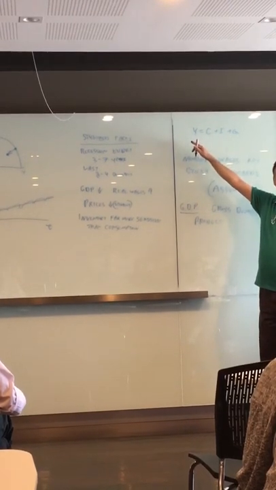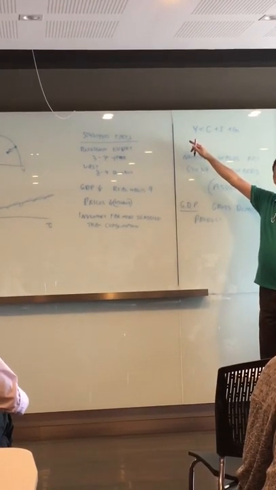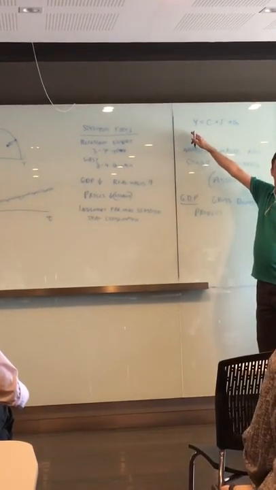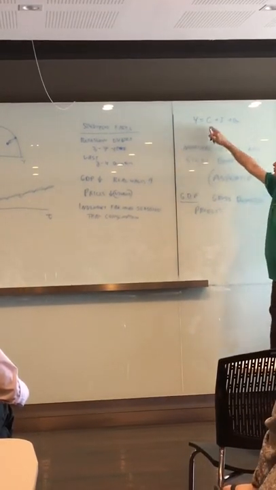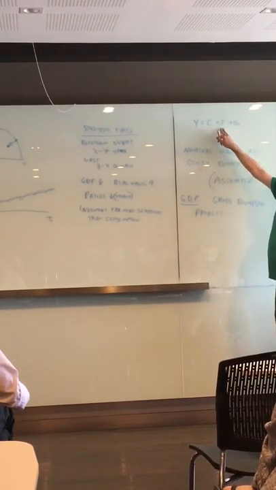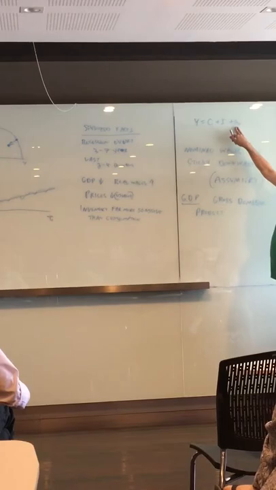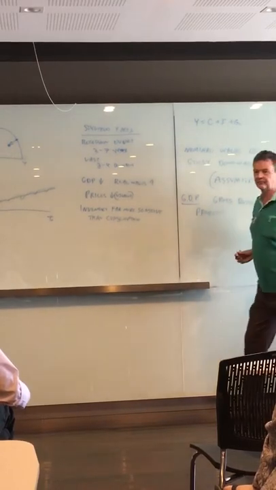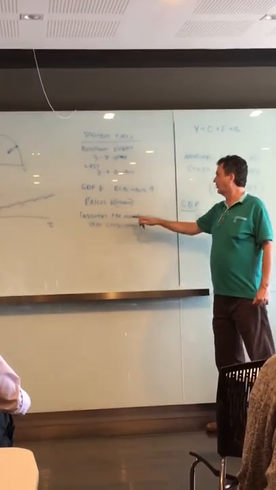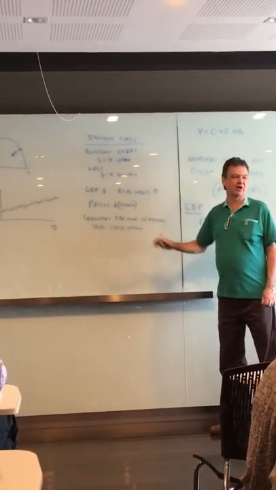Did I give this to you last class? I did. Y is income, or GDP. C, consumption, investment, government. Inventory, far more sensitive than consumption.